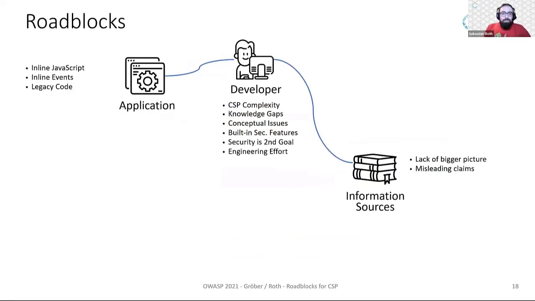Another problem in the mindset of some developers is that security is built into their framework. And also some developers think that security is only something that is optional. So security is only a nice-to-have feature in their mind. Then at some point, the developers start working on an application, which is in the worst case an existing application with a lot of legacy code, which will then result in a massive engineering effort because all this code needs to be reconstructed to be CSP compliant.